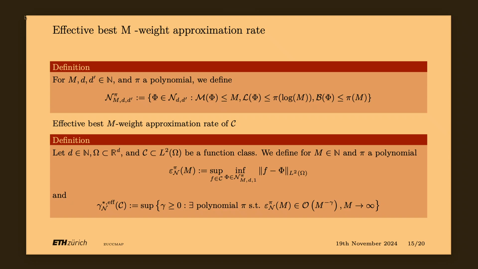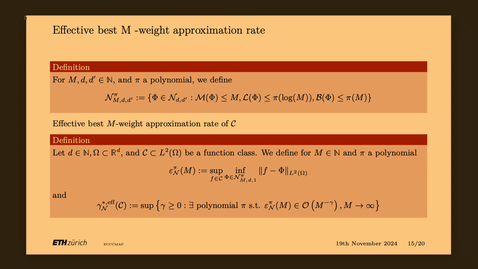coefficient that again measures how easy it is to approximate this function class with neural networks, where we have put the constraint of polylogarithmic depth and polynomial weight magnitude. So we have, again, a measure of how hard it is to approximate a function class with neural networks.